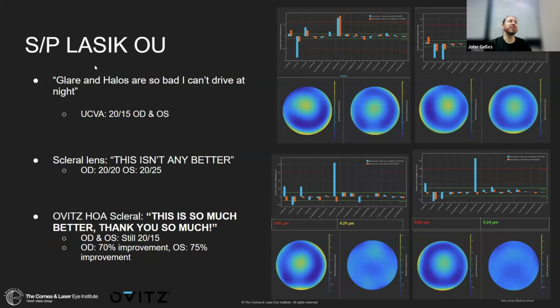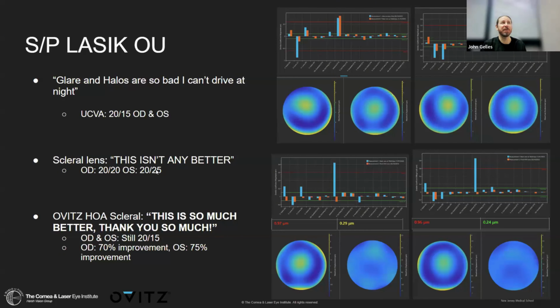This one is an individual who is post LASIK, comes in, he's 20/15 in both eyes, but he's telling me the glare and halos are so bad I can't drive at night. So what I do here is I fit the individual with a scleral lens, and he tells me this isn't any better. In fact, his vision is a little worse.